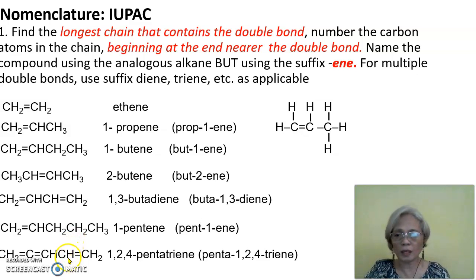Now, we have here another multiple bonded alkene. So, we have 1,2,4-pentatriene or penta-1,2,4-triene. Notice the number of hydrogens attached to the carbons involved in the double bond. Okay?